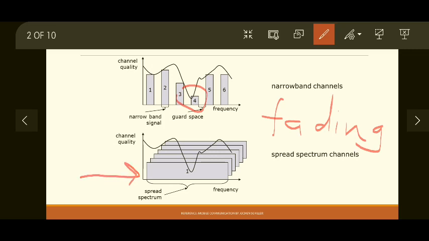So the entire user data is spread over the entire bandwidth, and such user data is transmitted at the same time. So even if there is a variation in attenuation like this, only certain frequencies are getting affected. So the entire user data will not get affected because of losses in the wireless media.